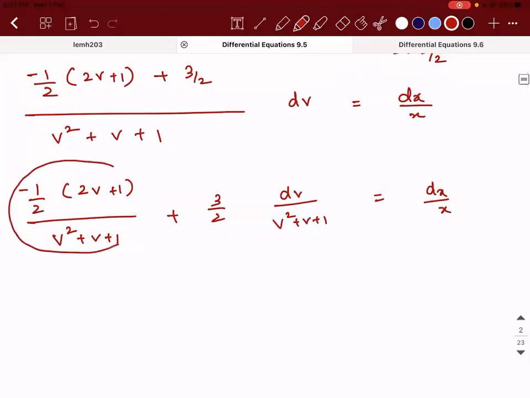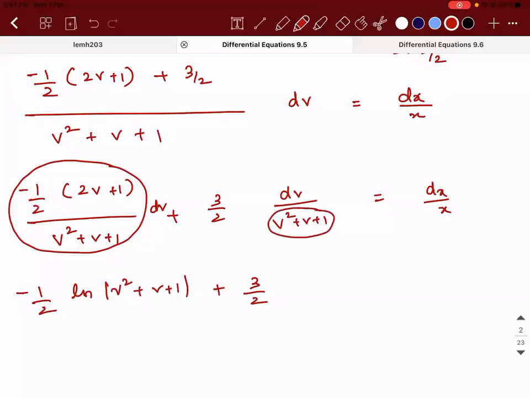So here what will happen? Minus half. If I integrate on both sides, minus half into ln of v square plus v plus 1, plus 3 by 2 into, here what are we supposed to do? You need to complete the square. So v plus 1 by 2 the whole square plus 1 minus 1 by 4, so v plus 1 by 2 the whole square plus 3 by 4. Correct?